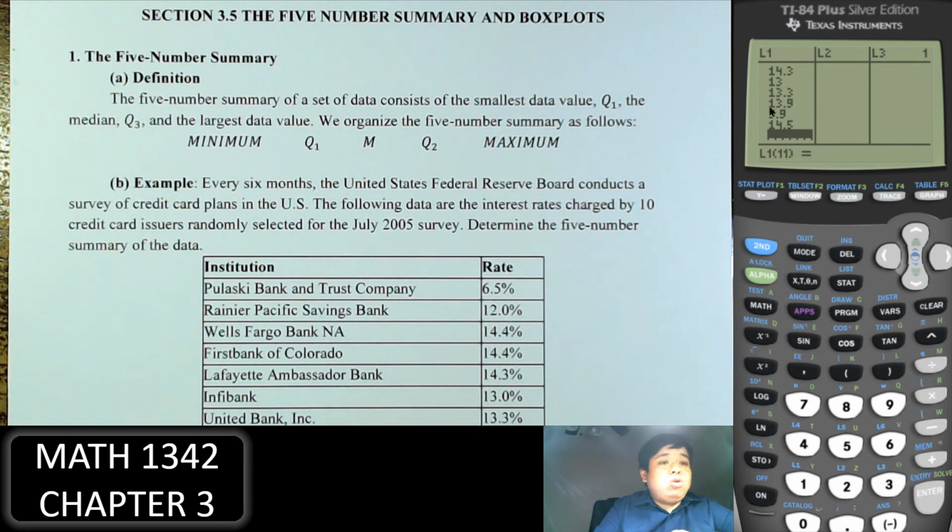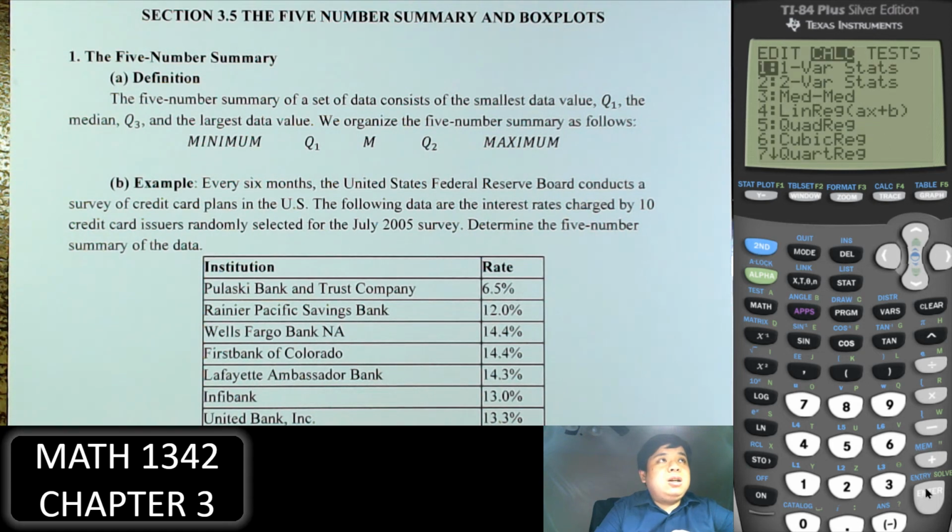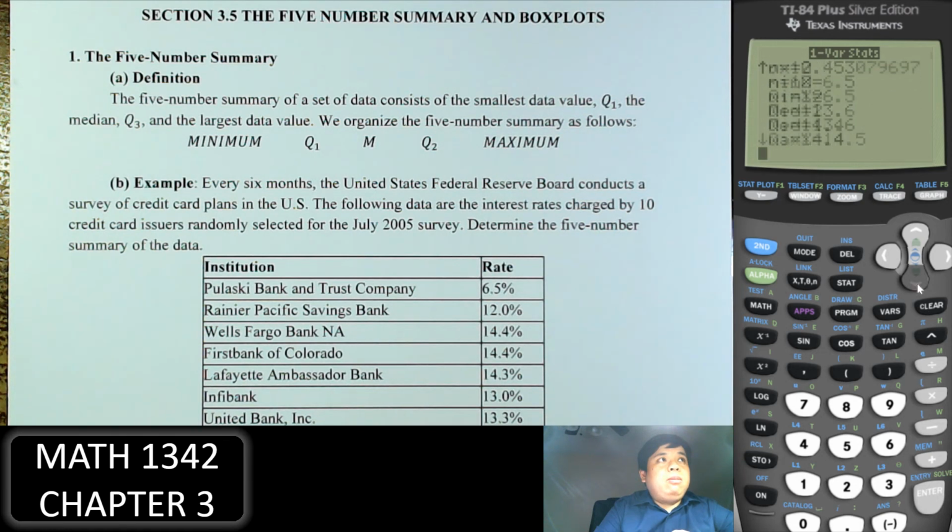Right, so I have all of that. And then quick second mode. If we do one variable statistics on that and go down to the bottom, these are the five number summary. Let's do that by hand.